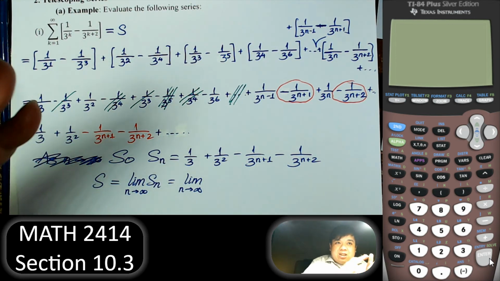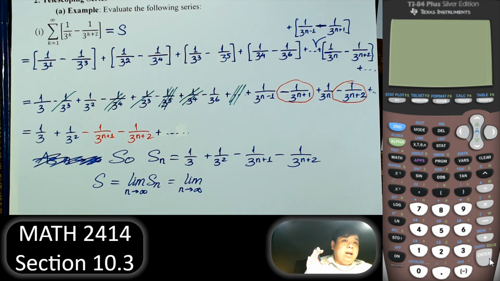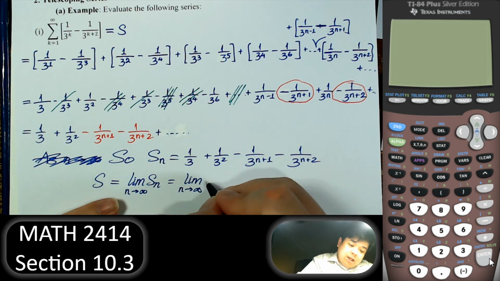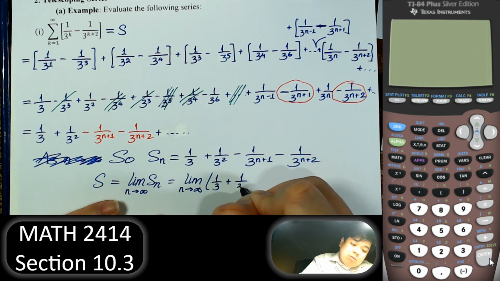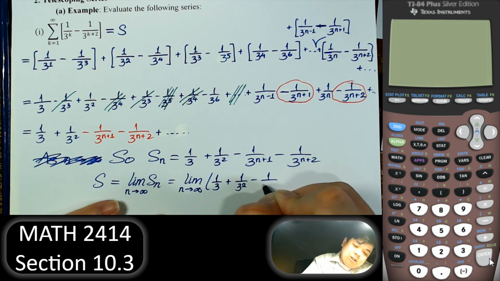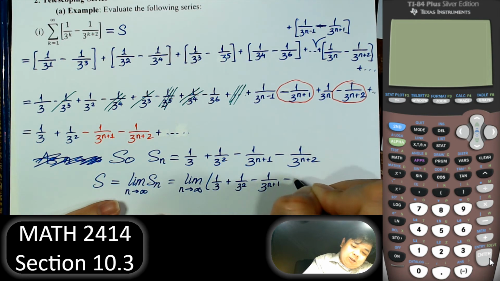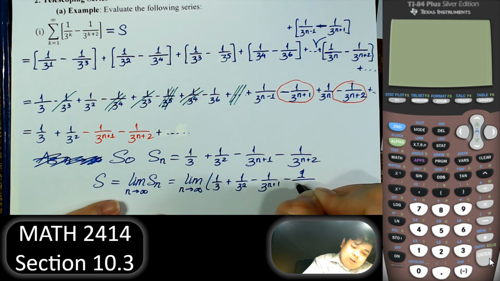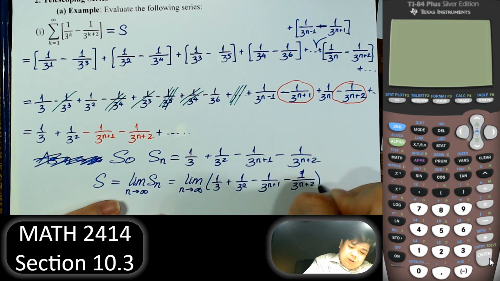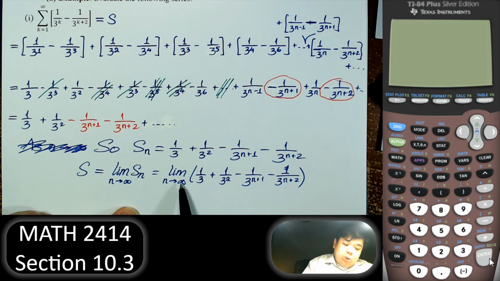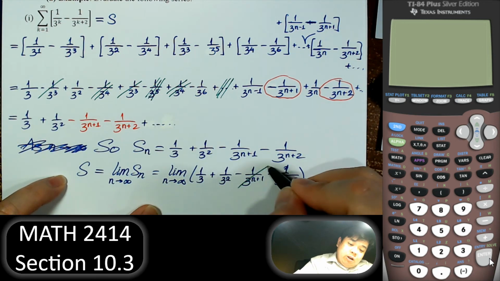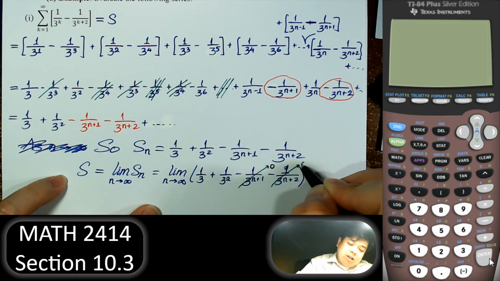A series is the sum of every term in the sequence, not a particular term, but the sum of all those terms. And as n goes to infinity, that goes to 0, because as we said before, finite divided by infinity is 0.